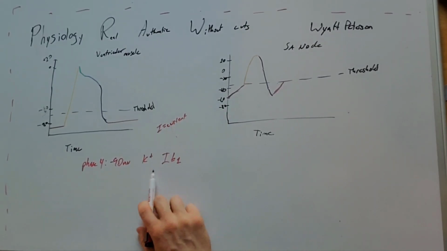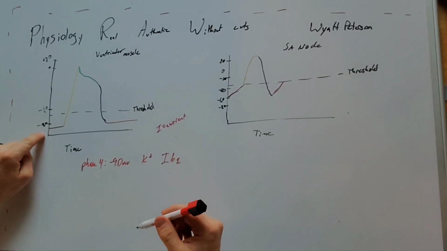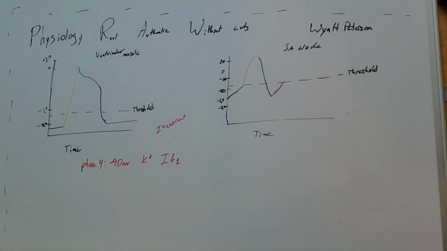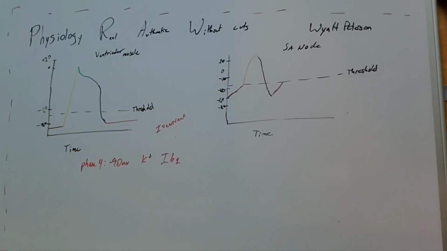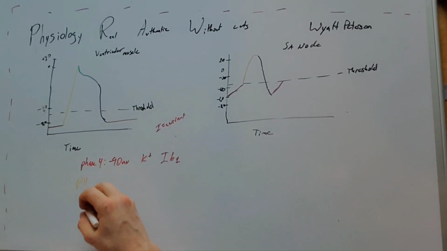So there's more of these K channels, making the muscle cell sit closer to the Nernst value for potassium. And so first I'm going to run through this one, and then I'll relate it back to the other one.